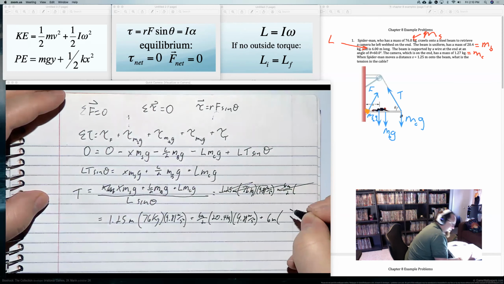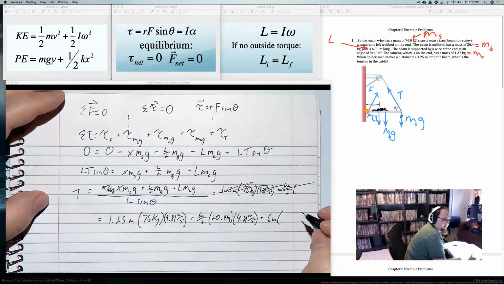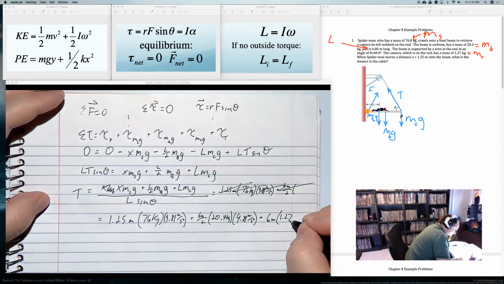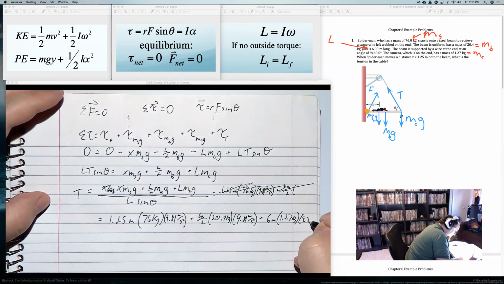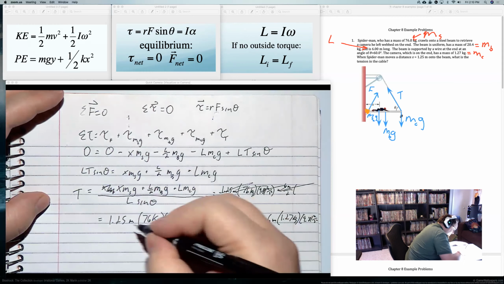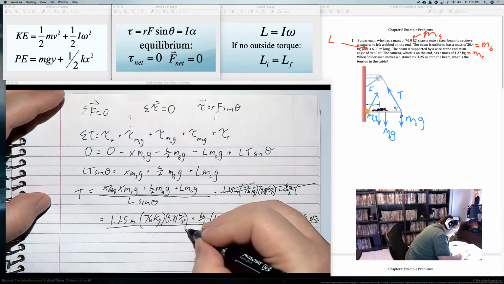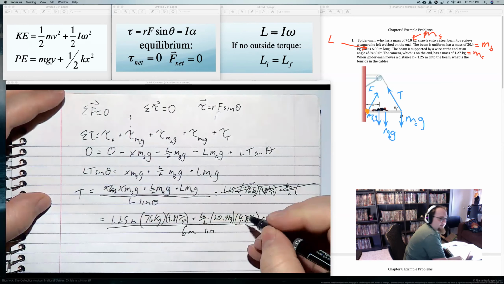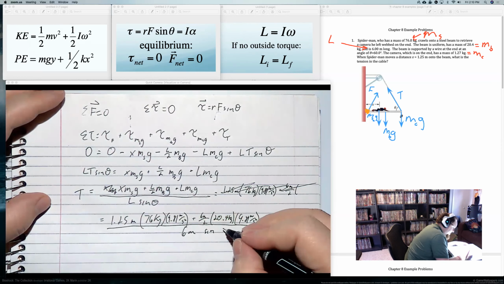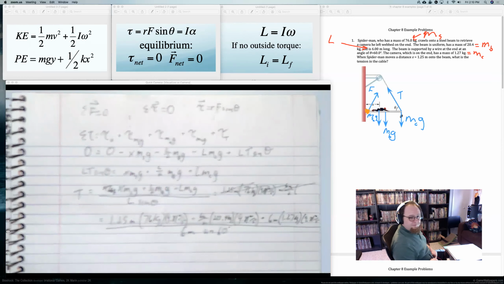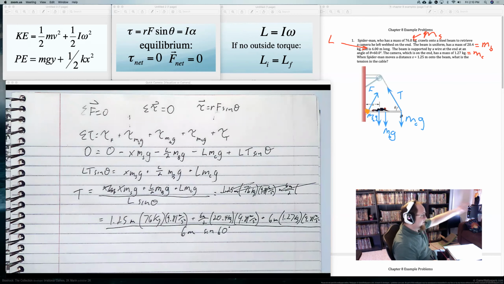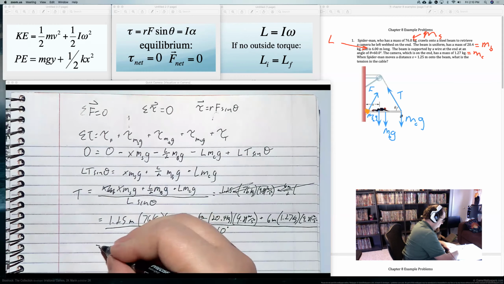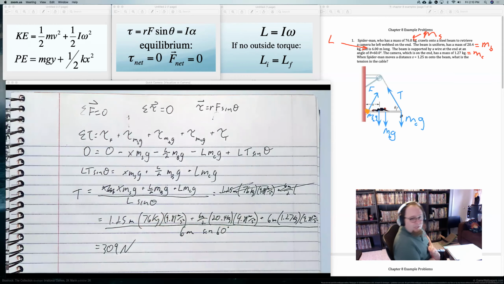Mass of the camera, 1.27. And the angle, 60 degrees. It's annoying, there's a lot of numbers there, but I'll just put that all in my calculator and get a value.